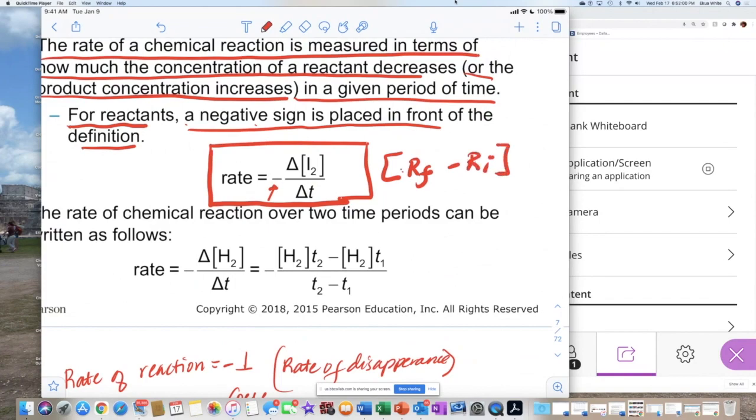Once we subtract those two, since the concentration amount is decreasing, the final number will be smaller than the initial number. Just in case you want to know, this would be a larger number. So when you take a small number minus a large number, you get a negative number. So negative times negative gives you positive. Okay? The change in concentration of the reactant, think about that, is going to be negative. Negative times negative is positive. So we'll work this out so you can see.